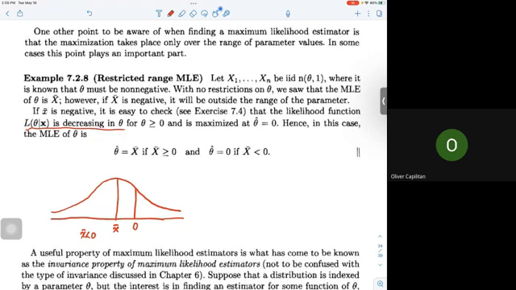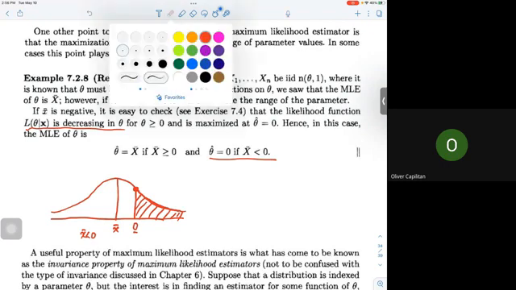It is decreasing for theta greater than or equal to 0. So decreasing siya dito na part. Okay? So the likelihood function attains its maximum if theta hat is equal to 0. Yan itong maximum niya dito. Ayan, case yan na when the sample mean is negative.